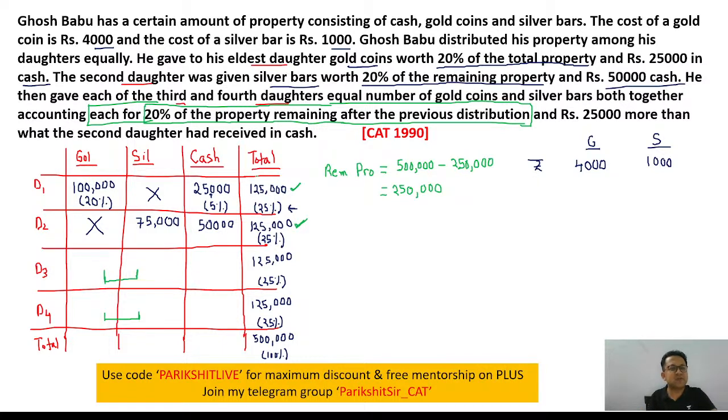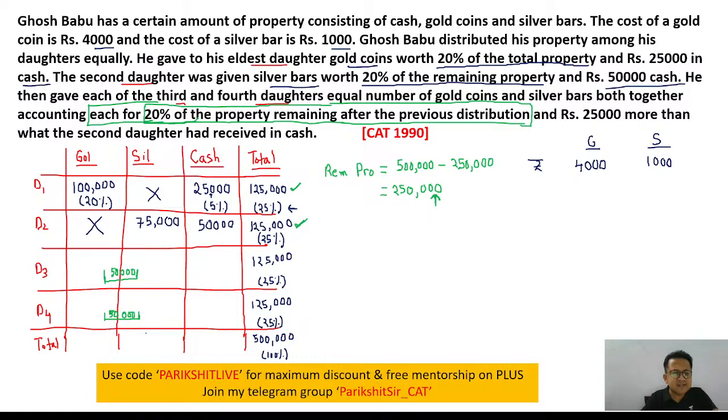Of this 2,50,000, you gave each of the daughters 20% in the form of gold and silver. So gold and silver together will be 20% of 2,50,000, which will be 50,000. So here 50,000, here also 50,000. Together it is 50,000. Right?